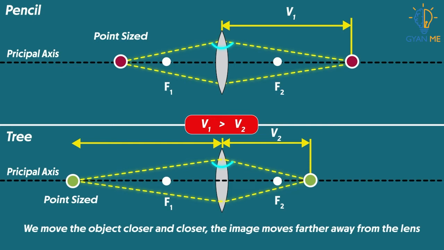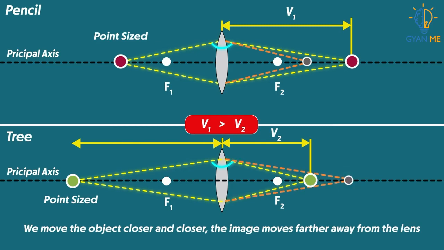What can we do if we don't want to move the screen and still want a clear image? Or to put it another way, what if I wanted the distance between the lens and image to be the same or equal in both the cases? So in the first case, the image must get closer, right? And in the second case, the image must move away from the lens.